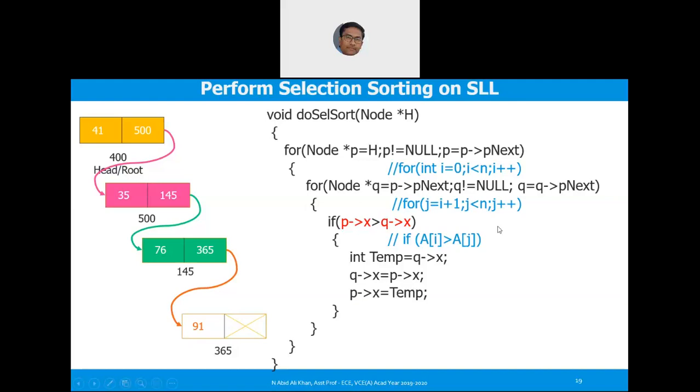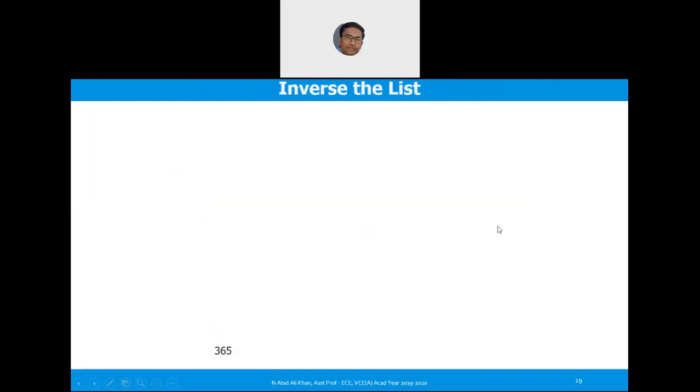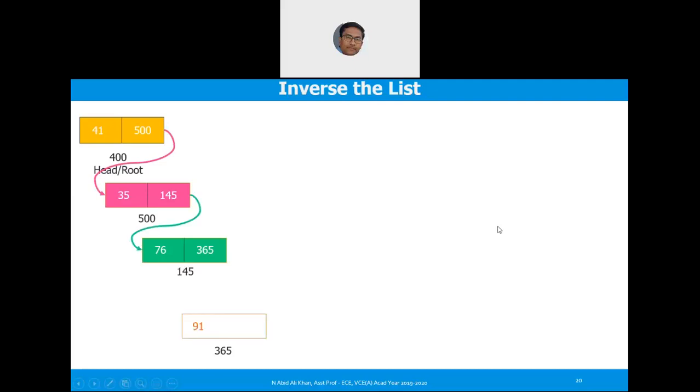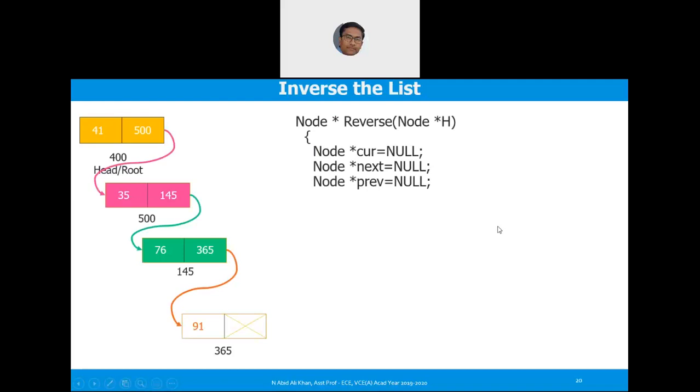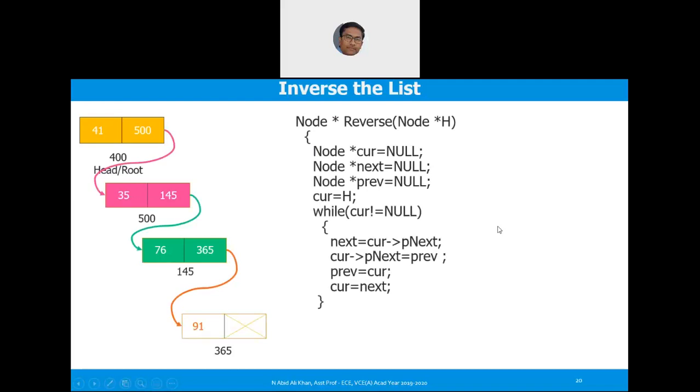Yes, sir. And the last one is reversing the list. This is a little tricky logic. So instead of P and Q here, you take current, next and previous. Now please parse the program once. You take 3 node pointers, current, next and previous, initially pointing to null, null, null.